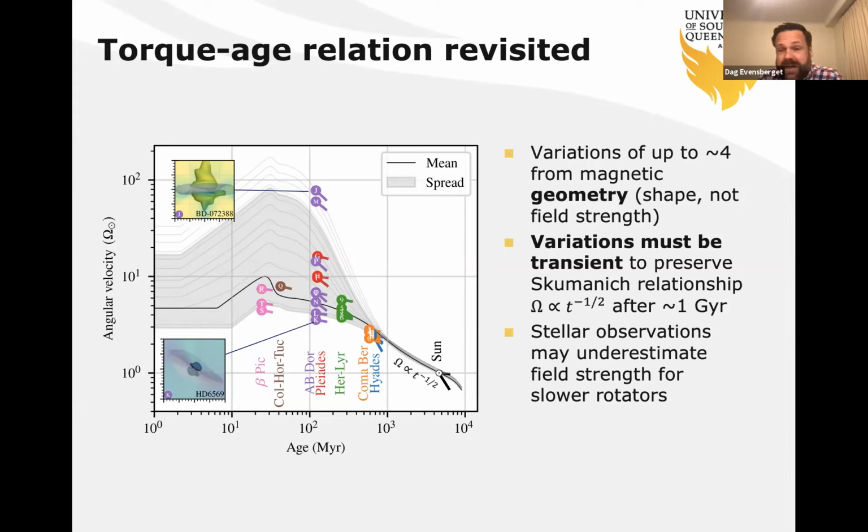is a famous study, and basically he extrapolated backwards from the mass loss of the sun today, and he found that as he moves backwards in time, there's a match between observations and the model.